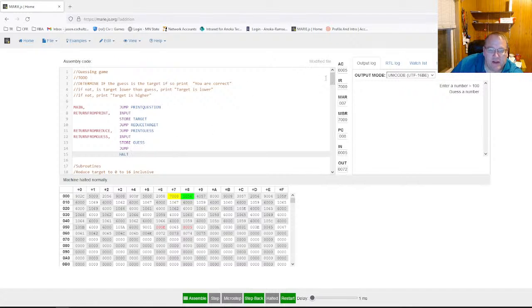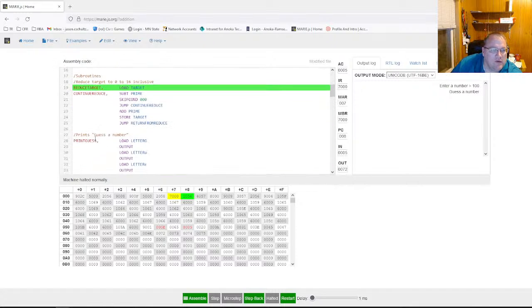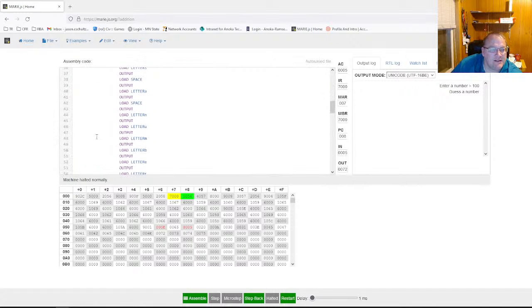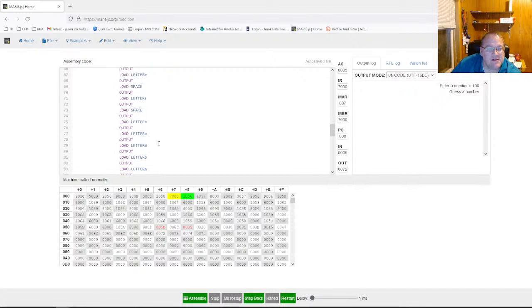So remember here, let me go down, and I'm just going to show you guys how this works. For printing here, when we told it to print the question, we had the guess there. Here's the question. It's a letter capital E, and notice I'm using the variables to help me do it. So E, N, T, E, R, then a space, A, space, N, U, M, B, E, R, then a space, and then greater than a space 1, 0, 0.